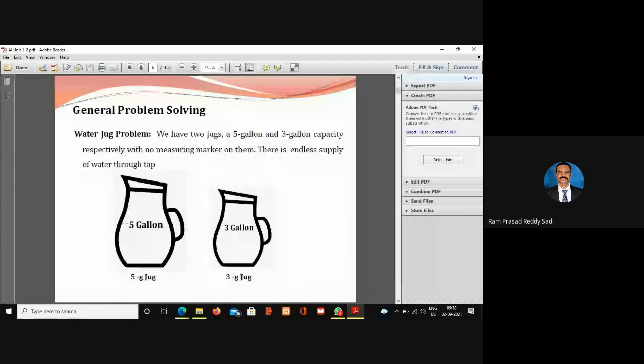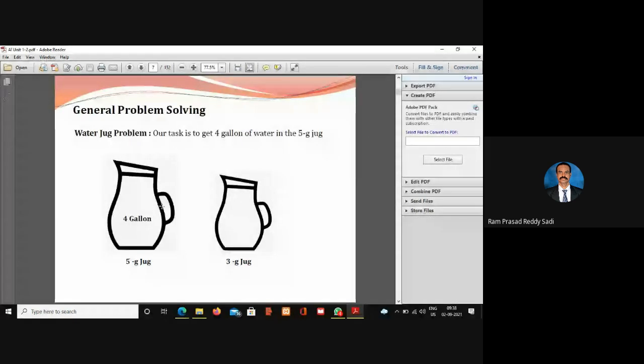And the water supply is there, a continuous water supply. So you can use any amount of water, but you have two jugs with two different capacities. One is 5-gallon capacity, the other is 3-gallon capacity, without any measuring markers. Please remember that. Now, what is your task?